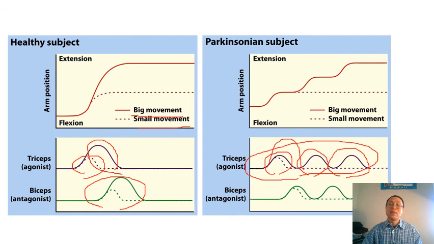They have to constantly increase the recruitment of these neurons because their muscles cannot really accommodate this kind of task. But I want to make sure you know that this is not a muscle defect.